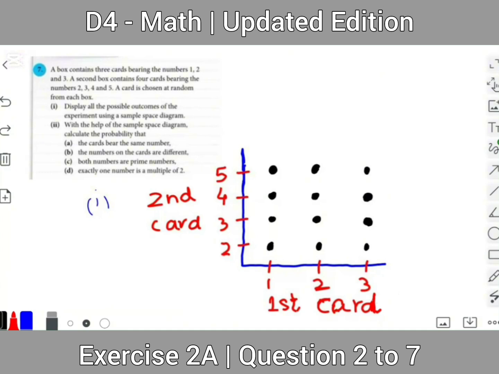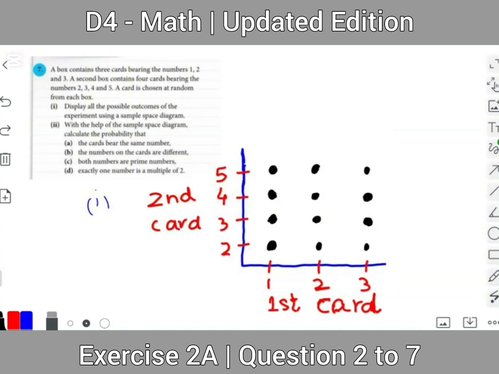And now we will make a dot for each outcome. Just like for 1, 2, we have this dot. For 1, 4, we have this dot. For 1, 3, we have this dot.